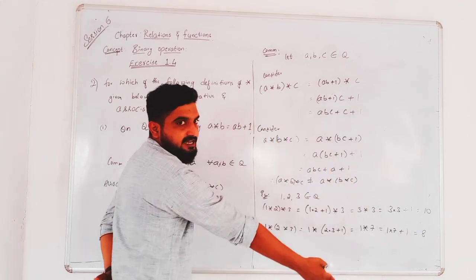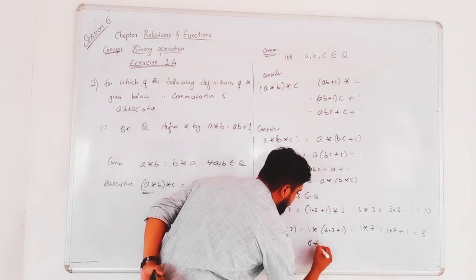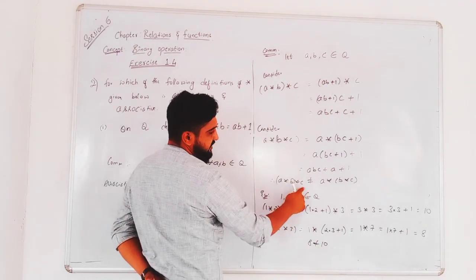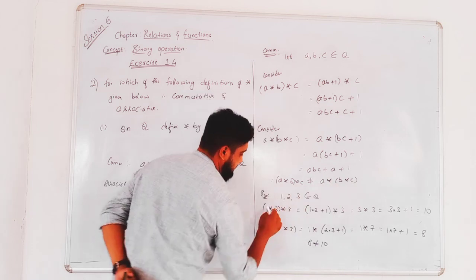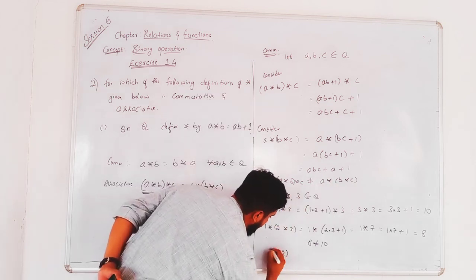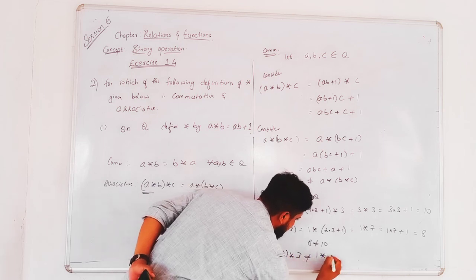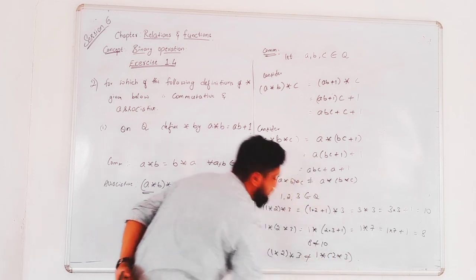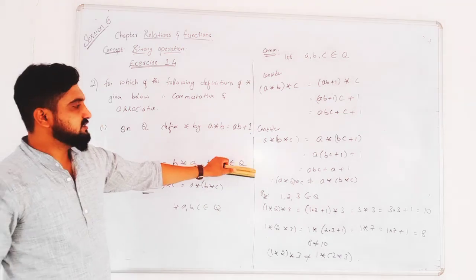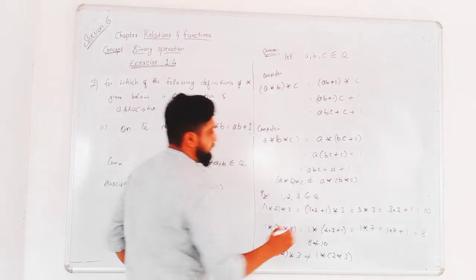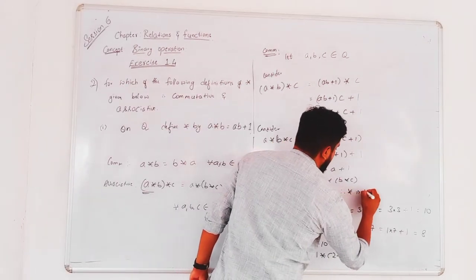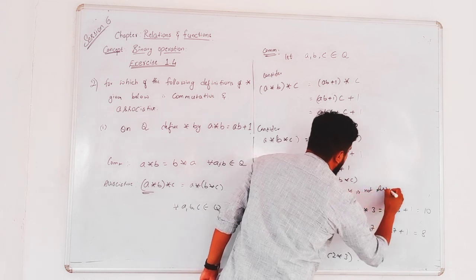So clearly 10 is not equal to 8. So (a star b) star c is not equal to a star (b star c). In this case, (1 star 2) star 3 is not equal to 1 star (2 star 3). That's why this star is not associative.